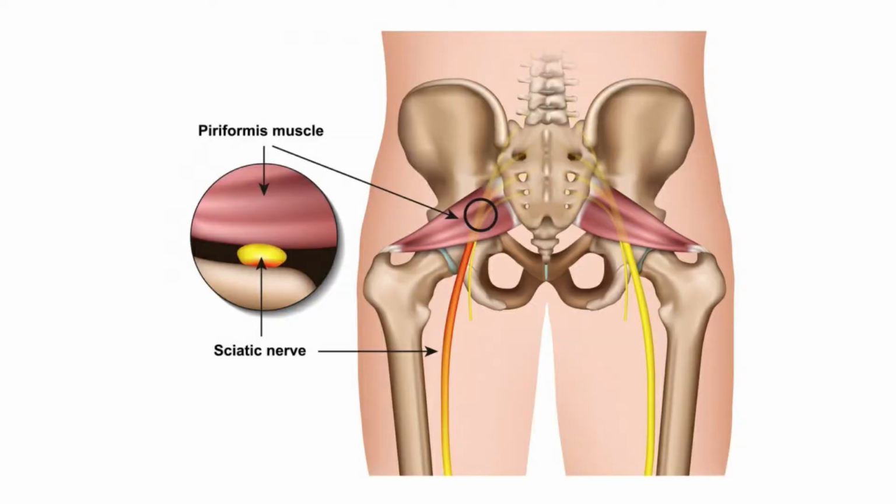If it's from the hips, the piriformis muscle is tight and it's compressing the sciatic nerve like this. So relax this one, free this one up so that the nerve can supply its sensory functions properly again.